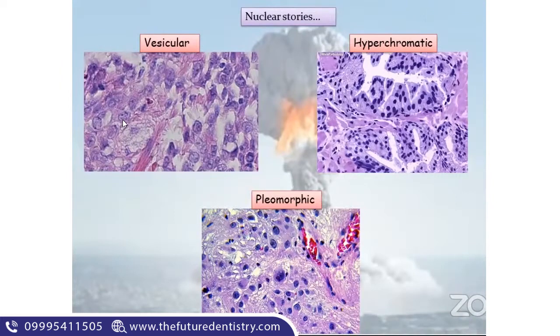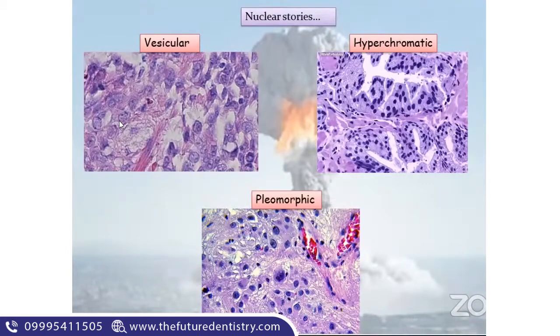So this vesicular nucleus, or an open-faced nucleus, suggests that the cell is secretorily active. That is, it is either busy producing a particular secretory product, or it is in the process of planning to undergo multiplication. So it's an active cell. Basically, a vesicular nucleus suggests an active cell.